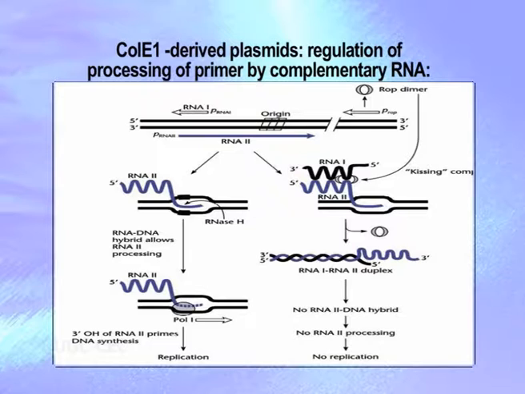And if it is unable to bind to the origin of replication, then replication of the plasmid cannot start, and in this way the Col1 plasmids regulate their copy number.